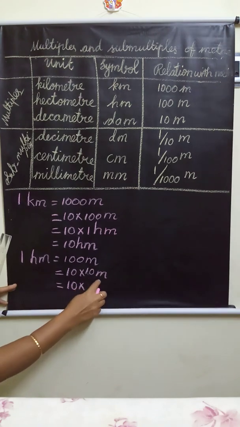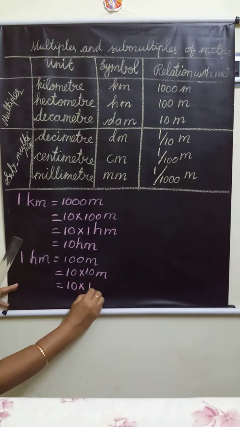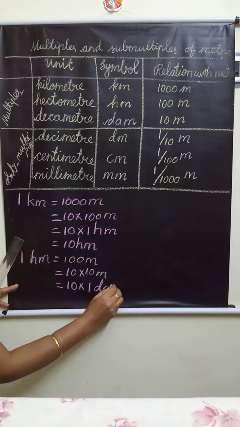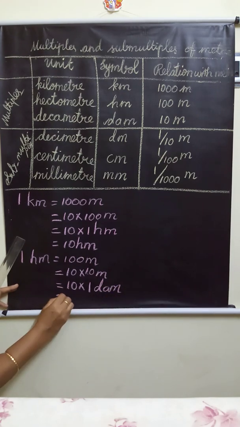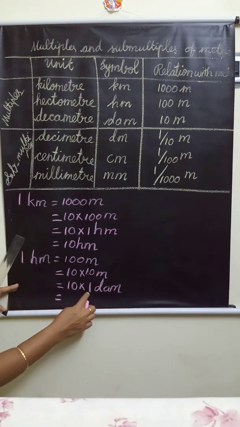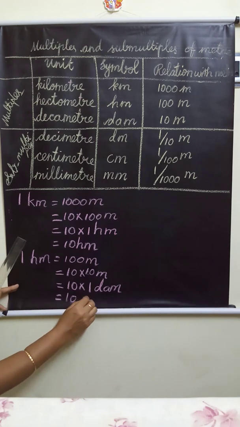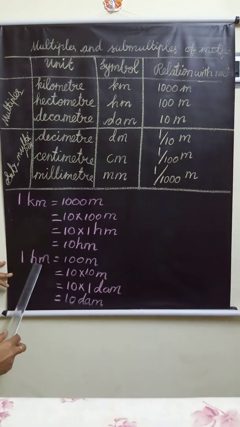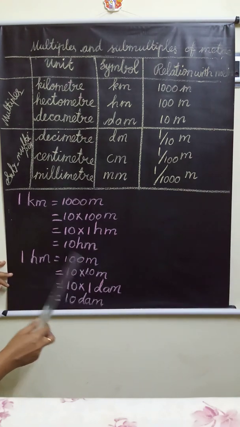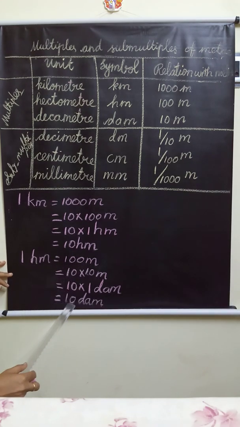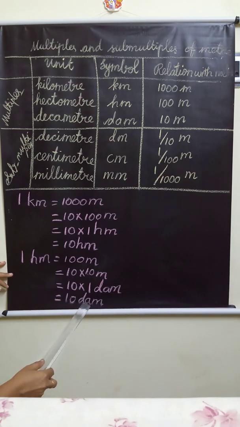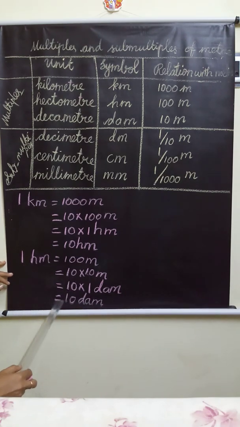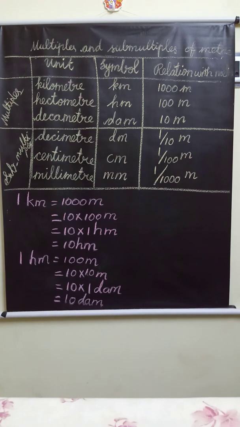So instead of 10 meter, we write 1 decameter. Here, 10 into 1 is equal to 10 decameter. So 1 hectometer equal to 10 decameter.